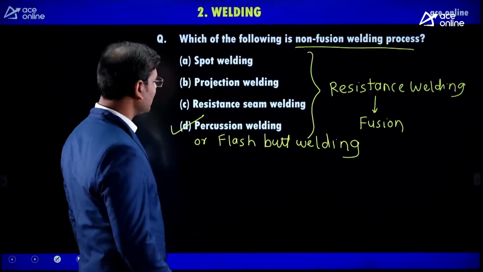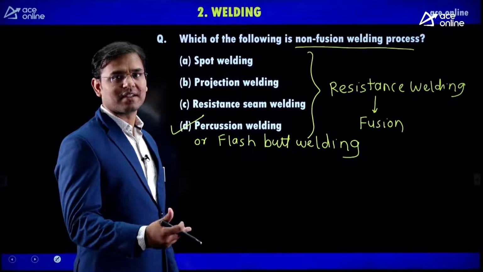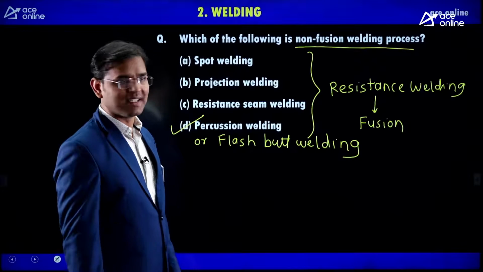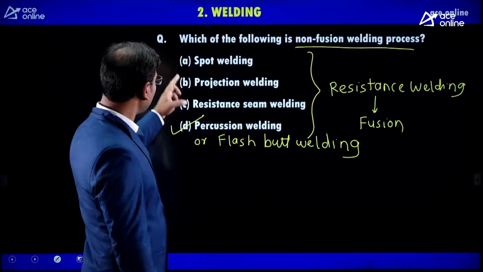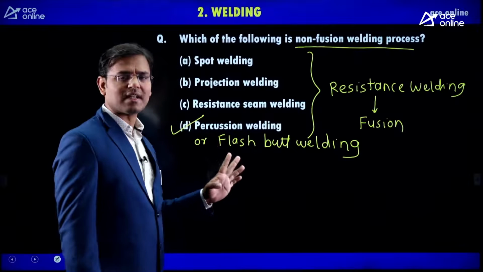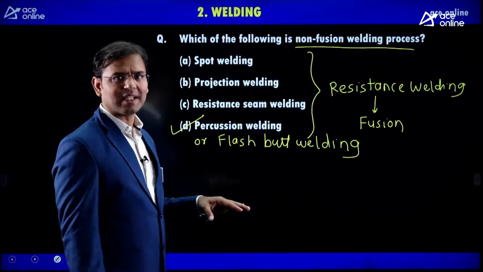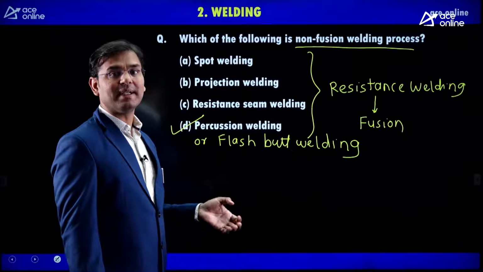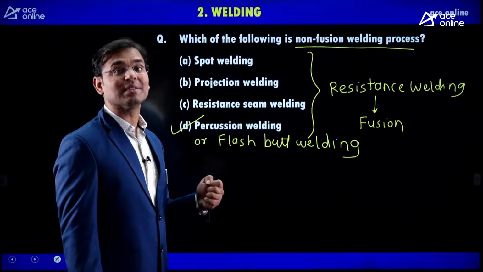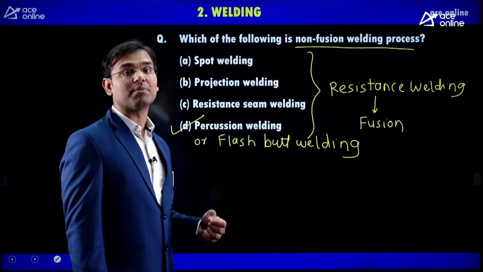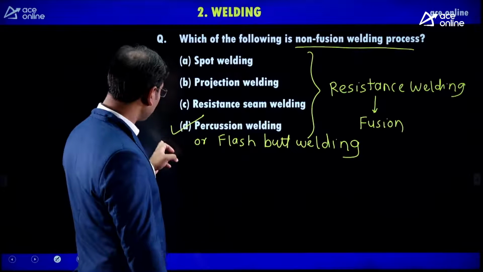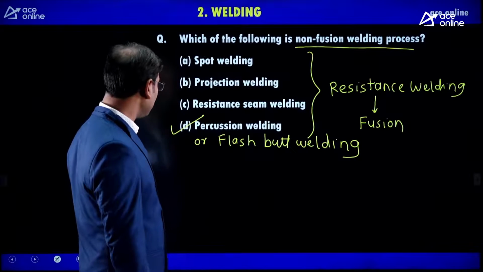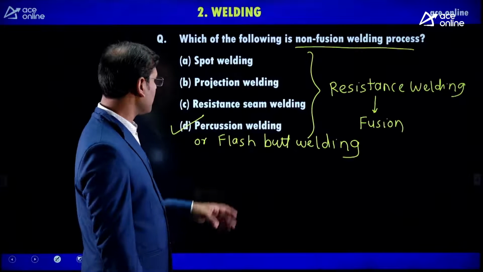This is one of the resistance welding where it is non-fusion welding. Resistance welding is fusion welding, and all of ABC methods are fusion welding. Fusion welding means by melting the parent material, means if the base metal is going to melt, then it is known as fusion welding. But here the base metal is not going to melt, it is known as non-fusion welding.